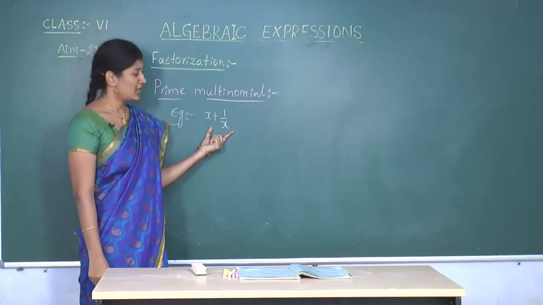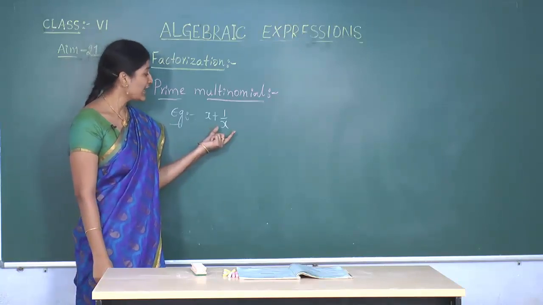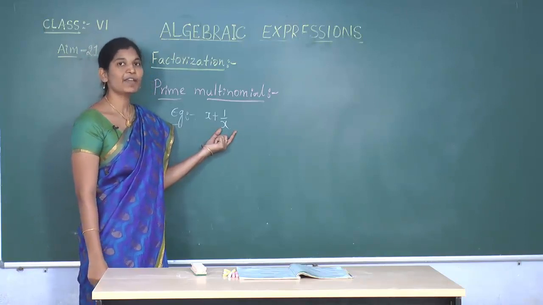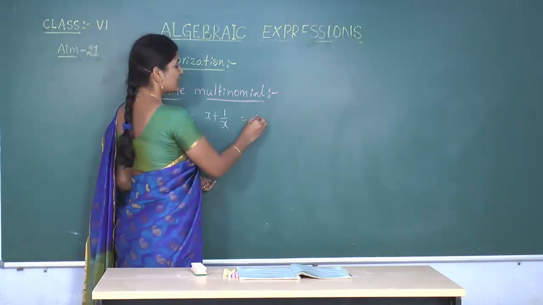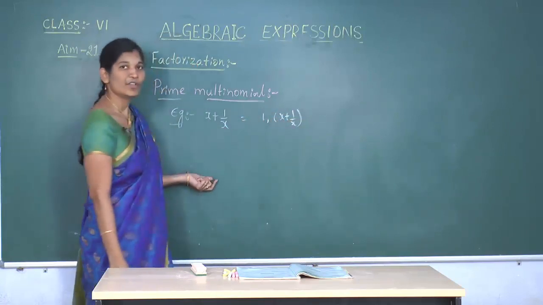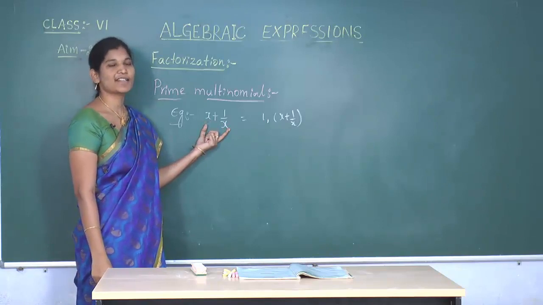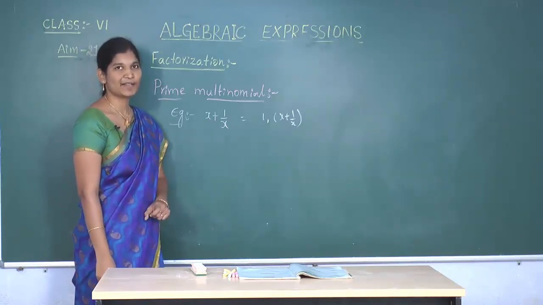No. Otherwise reverse multiplication? No. So it cannot be factorized. Why? Because it has the factors 1 and itself only. So we can say this type of multinomials are called prime multinomials.